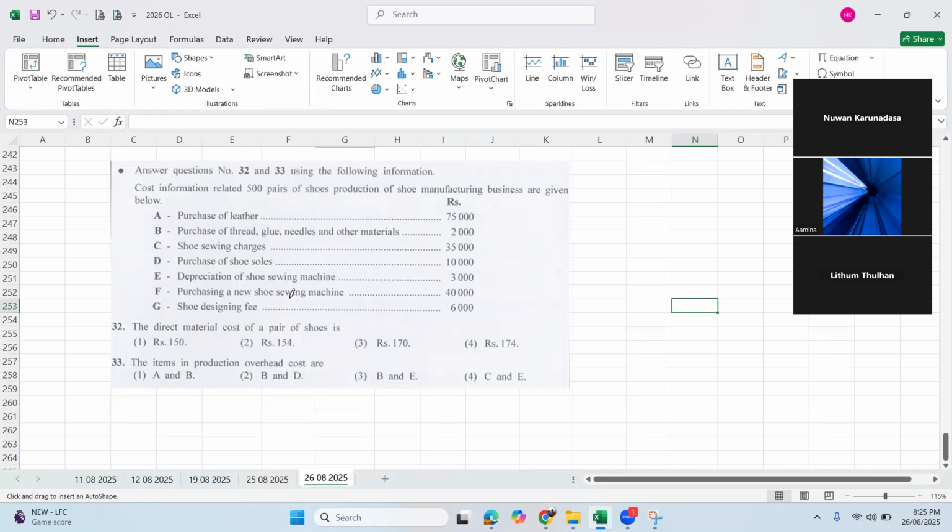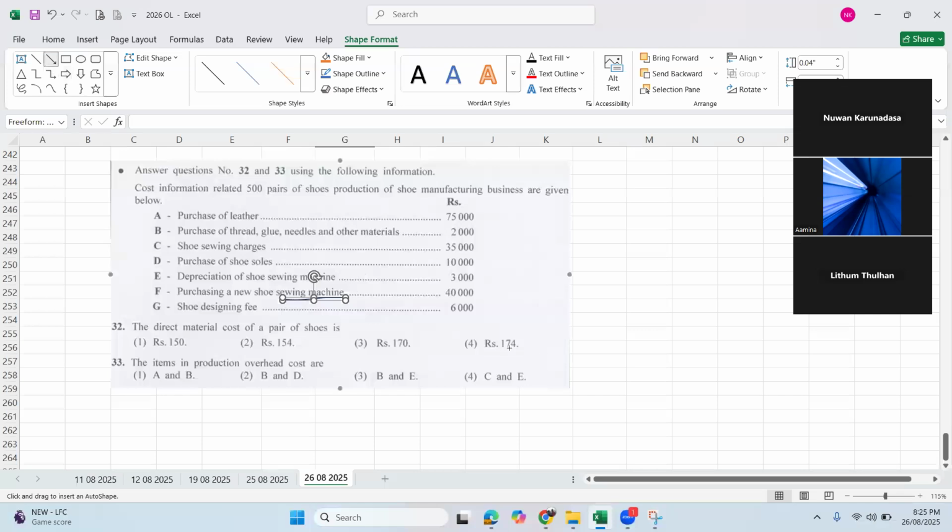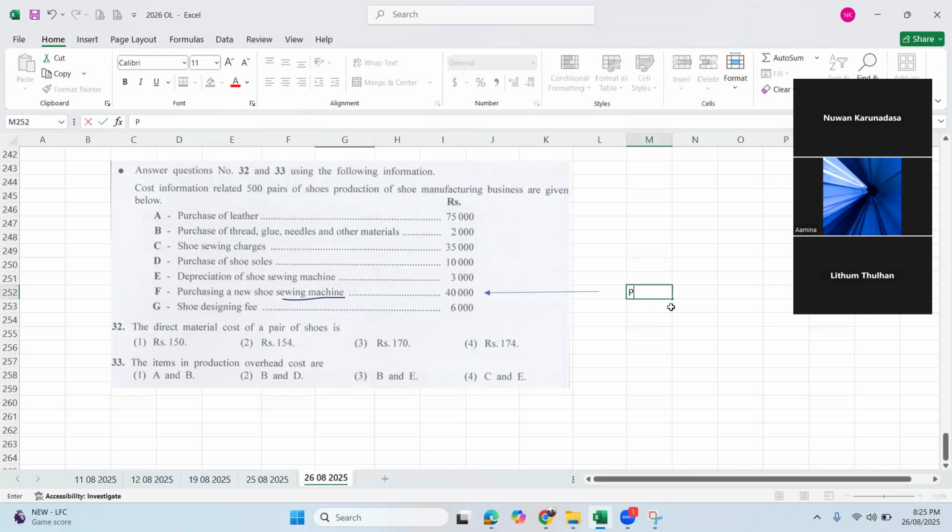A sewing machine is a fixed asset, not a cost. Then the shoe designing fee.